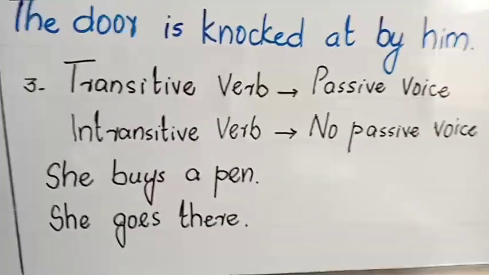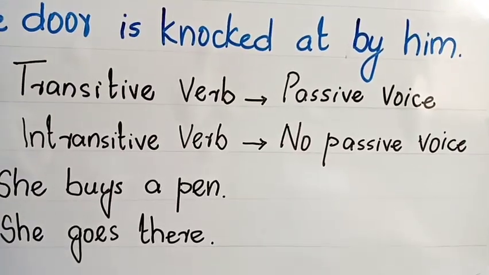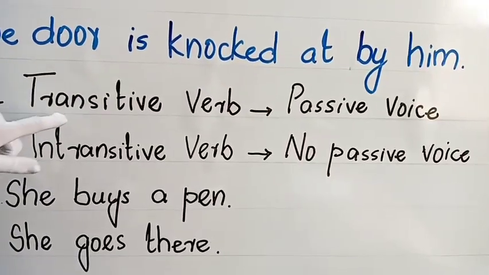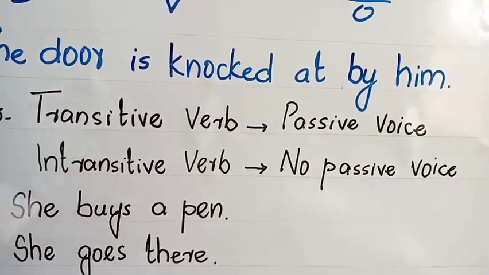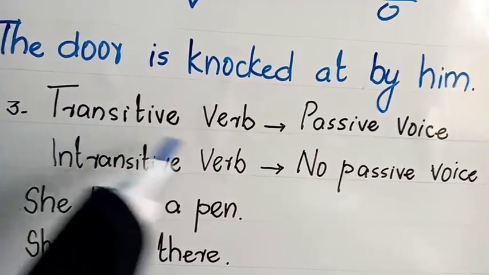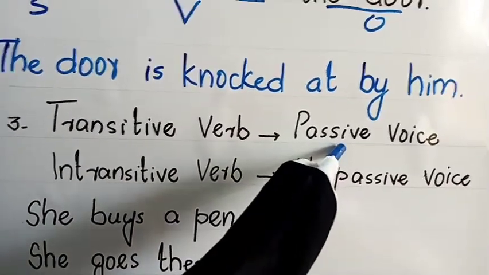Now come to the third point. The third point tells us that if we have a transitive verb in the sentence, we can make its passive voice.